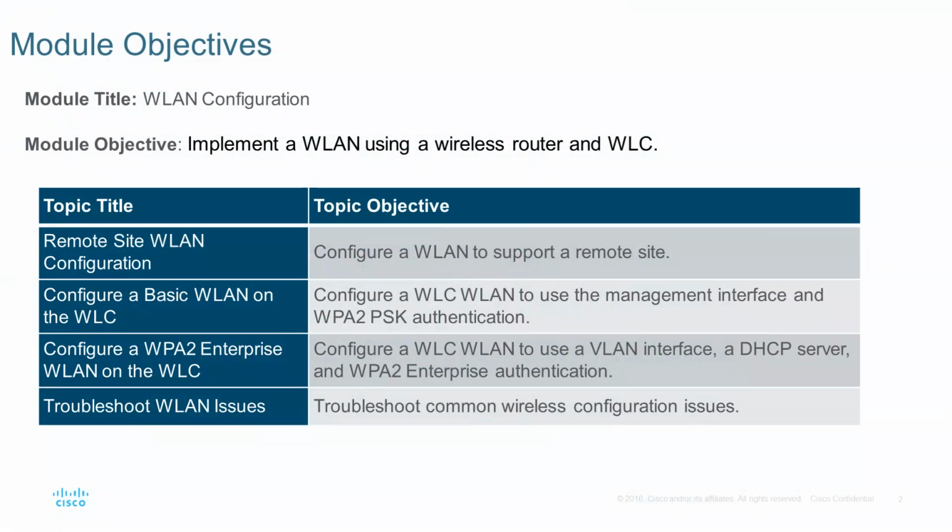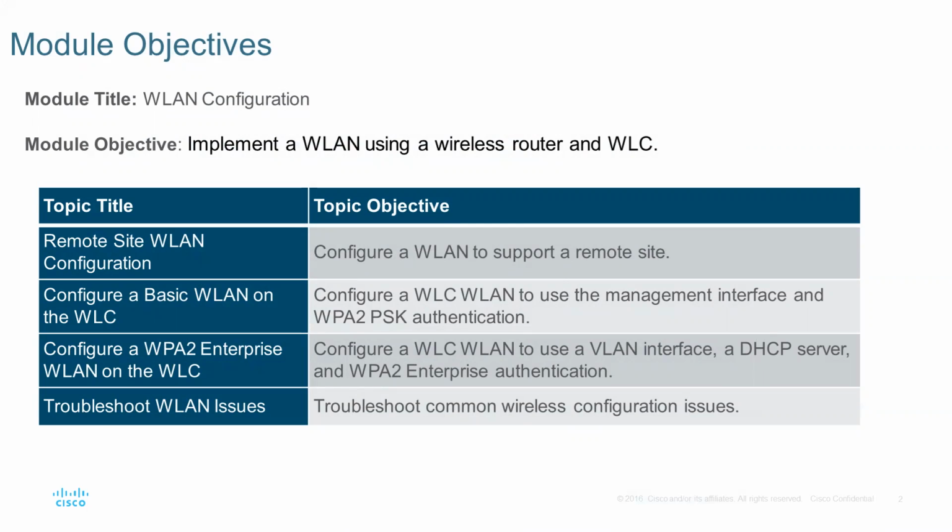Alright, so what are we doing today? We're going to go over the configuration of wireless networks, and we'll be looking at adding a wireless controller and using WPA2 with pre-shared key authentication for it.